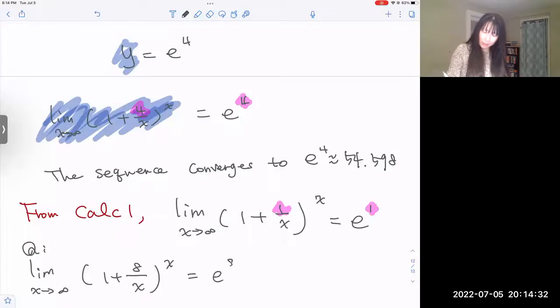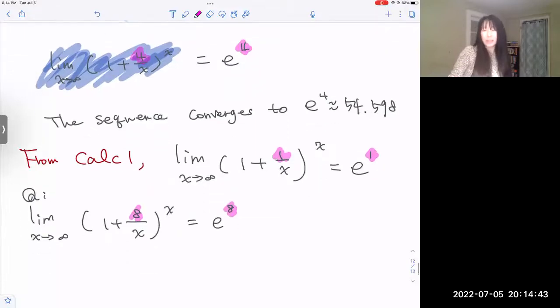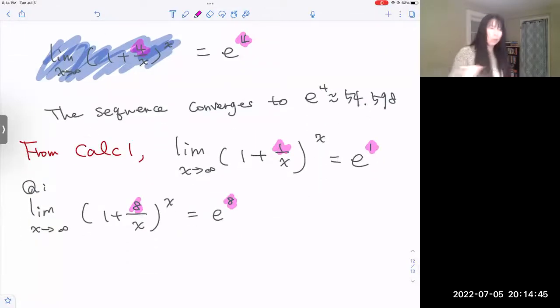This is my tip, and we don't have to show our work for that. We can just put the answer in. This is Calculus 1.